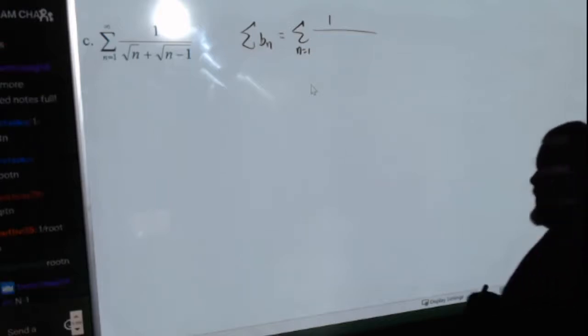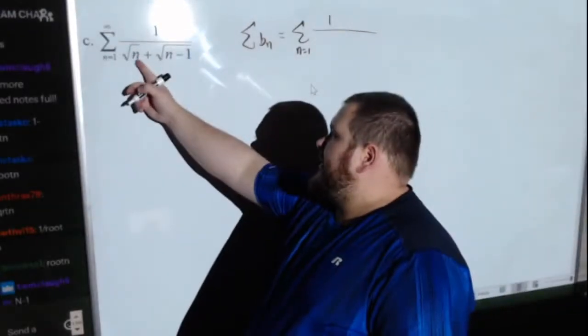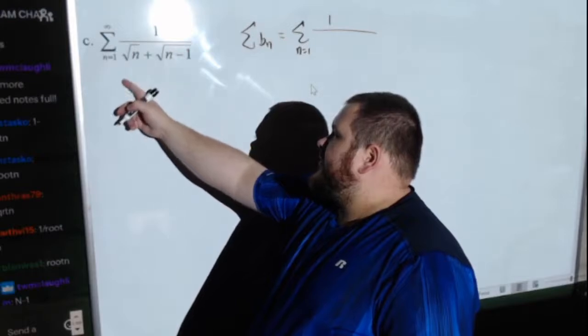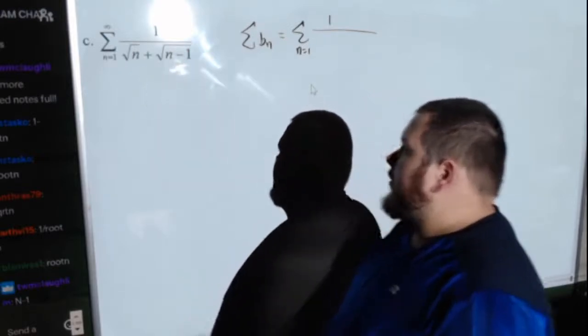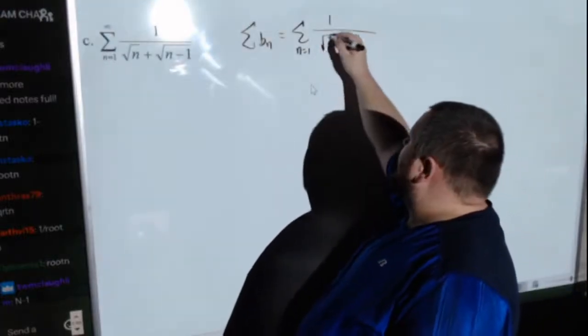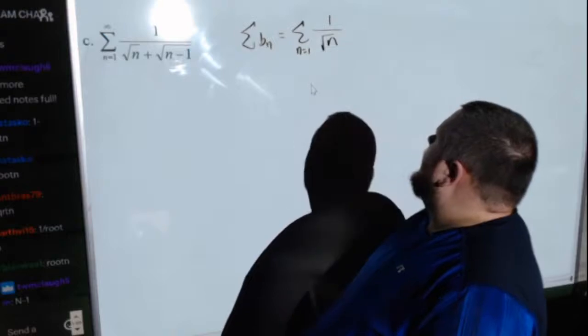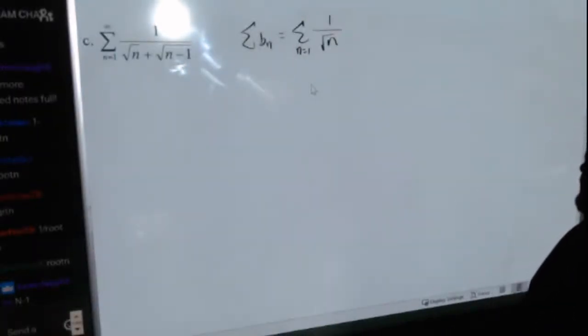So square root, right? If I just pick a number like 9, square root of 9 is 3, square root of 8 is 2 root 2, which is actually a little smaller. So we want the dominant term of square root n. 1 over square root n.